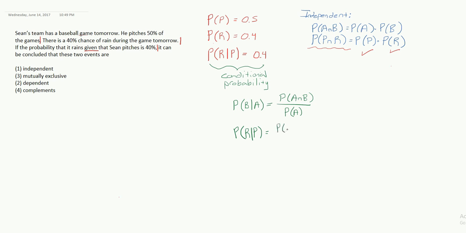Probability of P union R over the probability of P. That, I should add, is the most important part. A is on the right side of the conditional statement, and it's in the denominator of the right side.